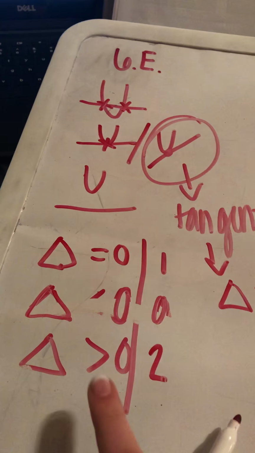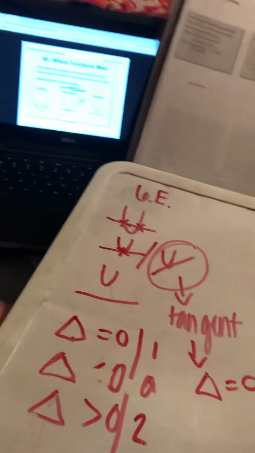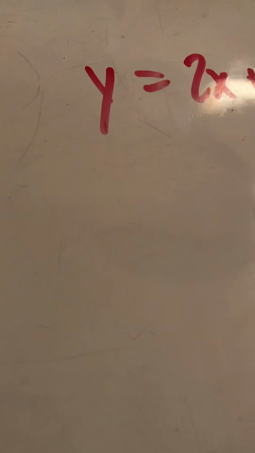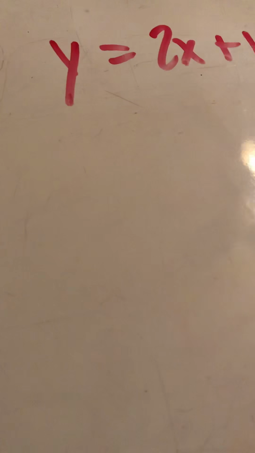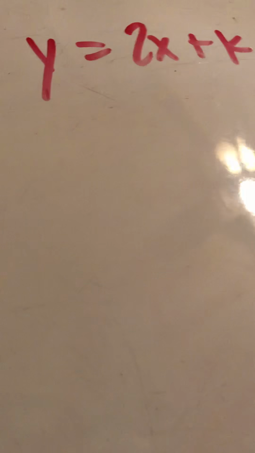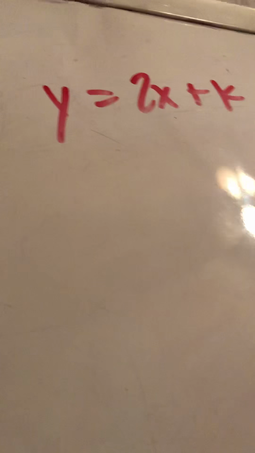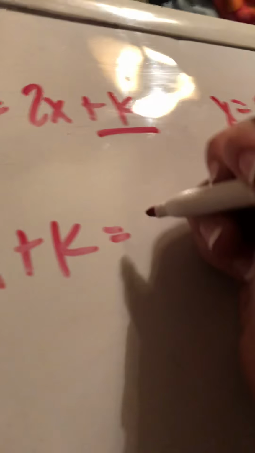This is very important. Okay, so if it told you that this one, y equals 2x plus k, is tangent to y equals 2x squared minus 3x plus 4, find k. You're going to do the exact same thing of setting them equal to each other.